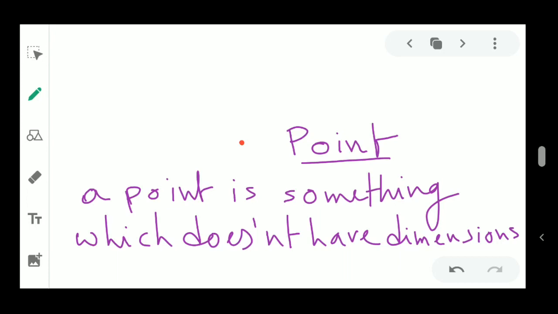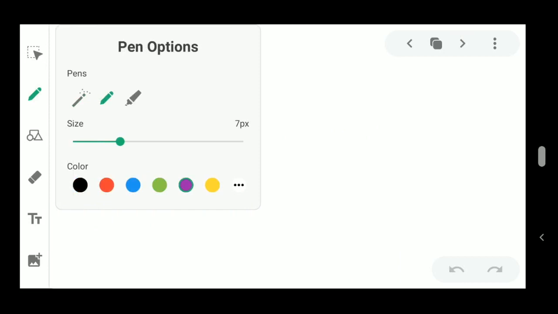Now coming to the next thing, if I have more than one point, a lot of points, one point, another point, another point, like this I have a lot of points. When there are a lot of points all together, side by side, they will form a structure which will look like this.